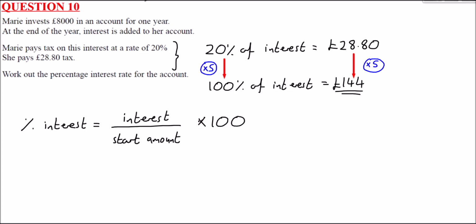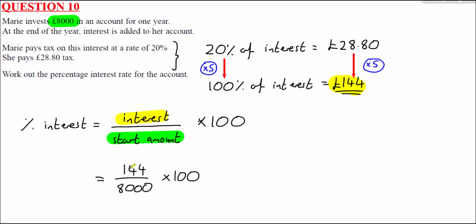So we've now worked out what the interest she got was. The interest was £144. We also need to know what she started with in her account, which we do know, it was £8,000. So we have all the ingredients here to work out what her percent interest is. So it's going to be 144 divided by 8,000 multiplied by 100.